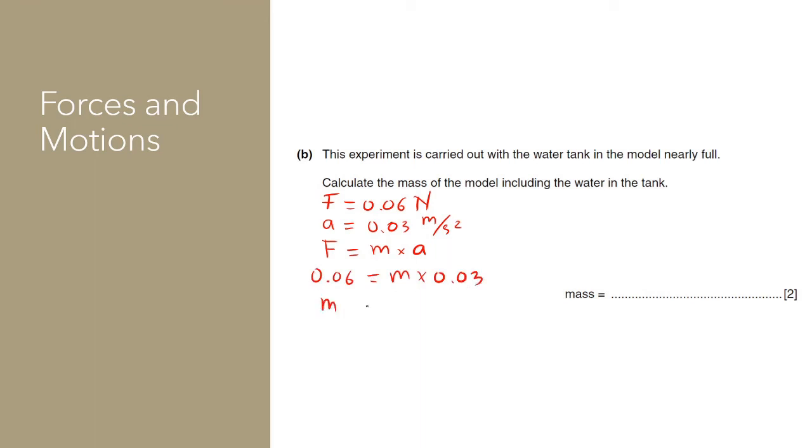So the mass equals 0.06 divided by 0.03. This equals 2 kilogram. That's the answer. The mass equals 2 kilogram.